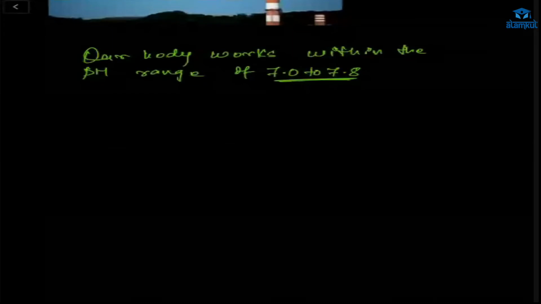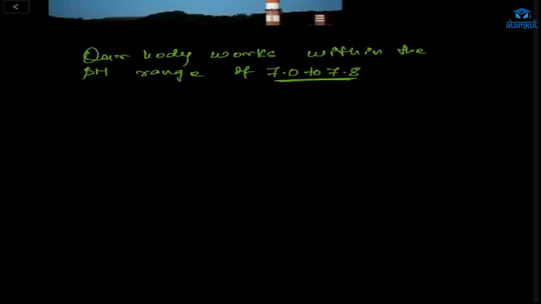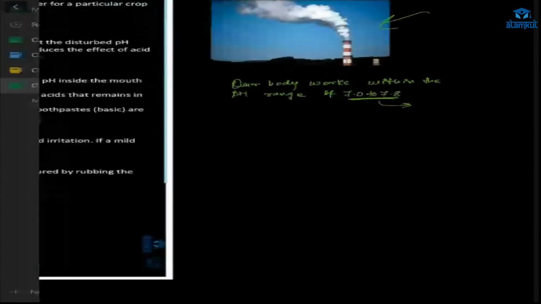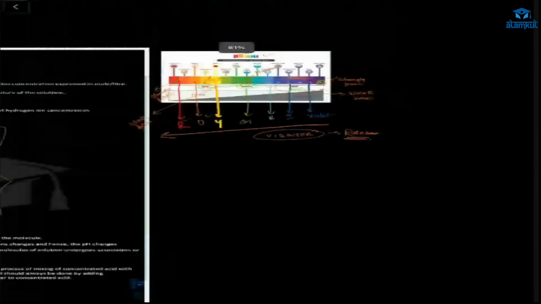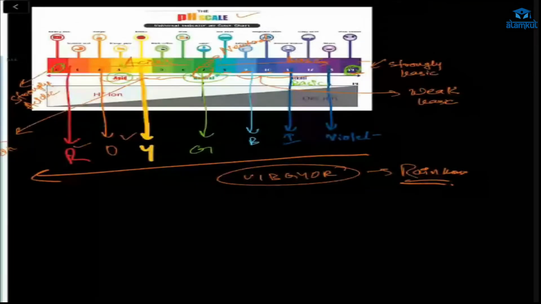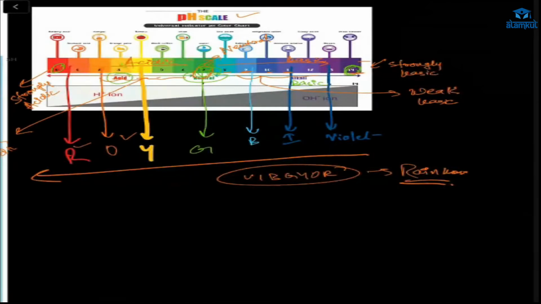Okay, so our body works within the pH range of 7.0 to 7.8. And what is 7.0 to 7.8? Ruth, what is 7.0 to 7.8? After 7... 7 is the neutral one.